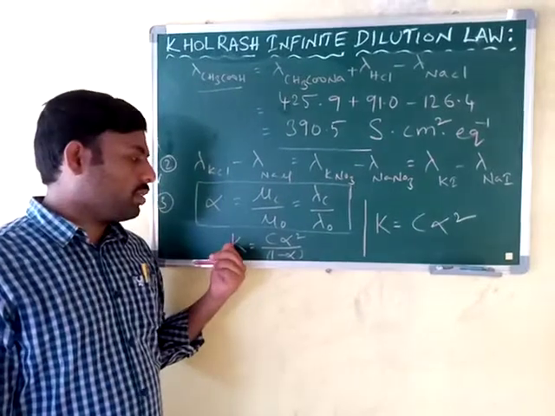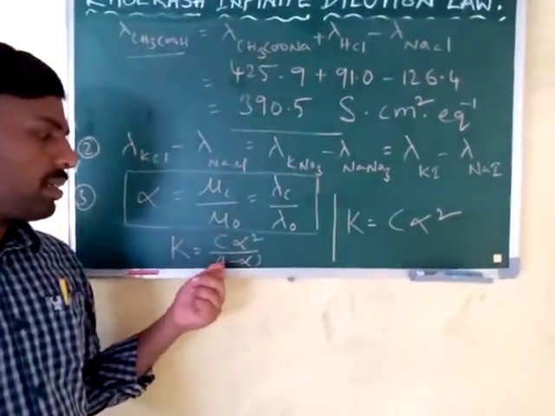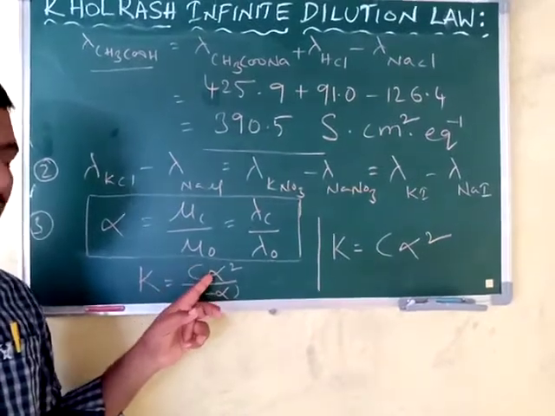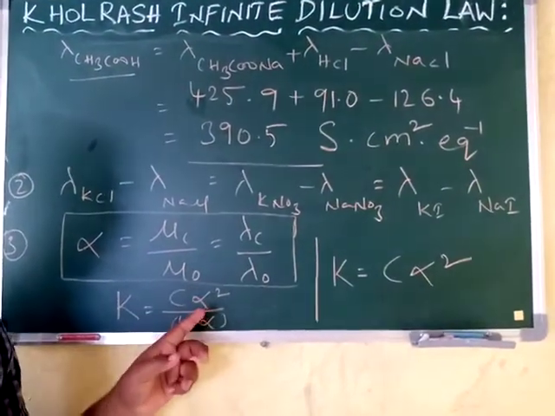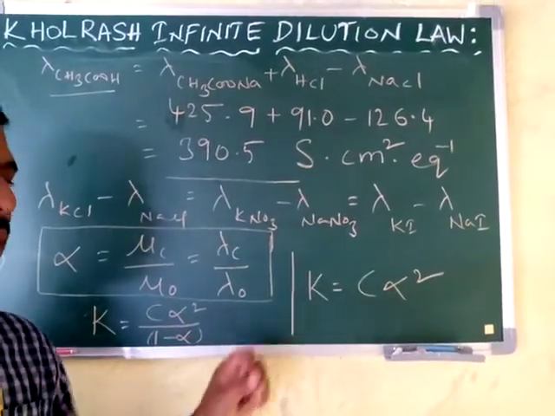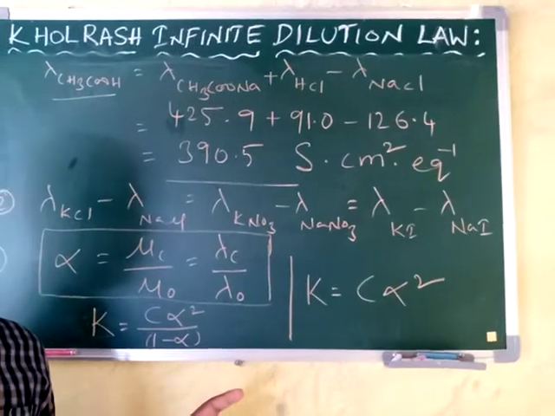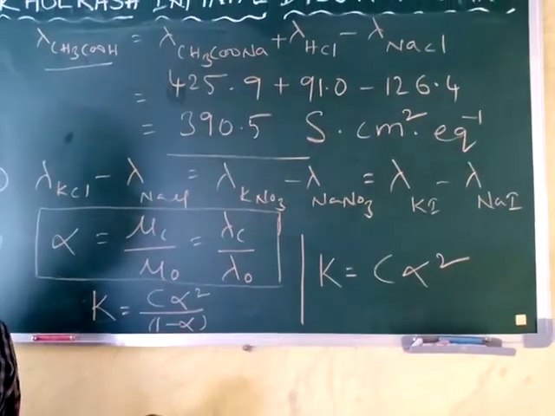In case of association, K is equal to C alpha square by 1 minus alpha, where C is the concentration and alpha is the degree of ionization. Whereas in case of dissociation, K is equal to C alpha square.